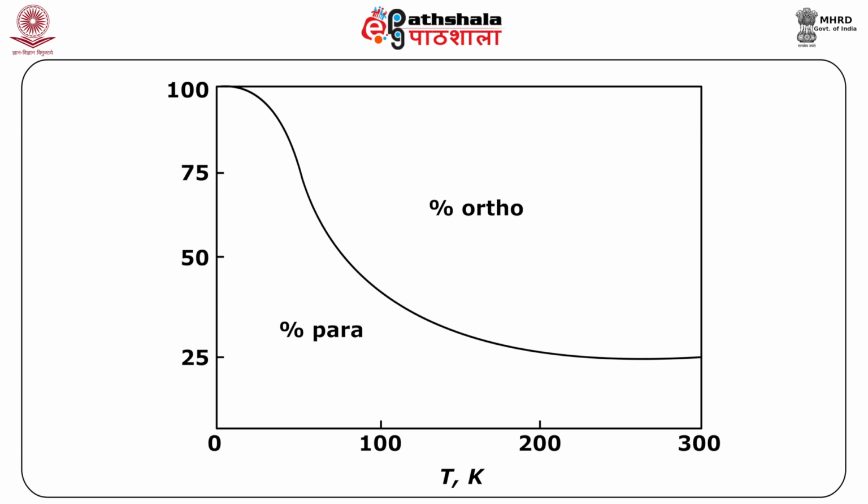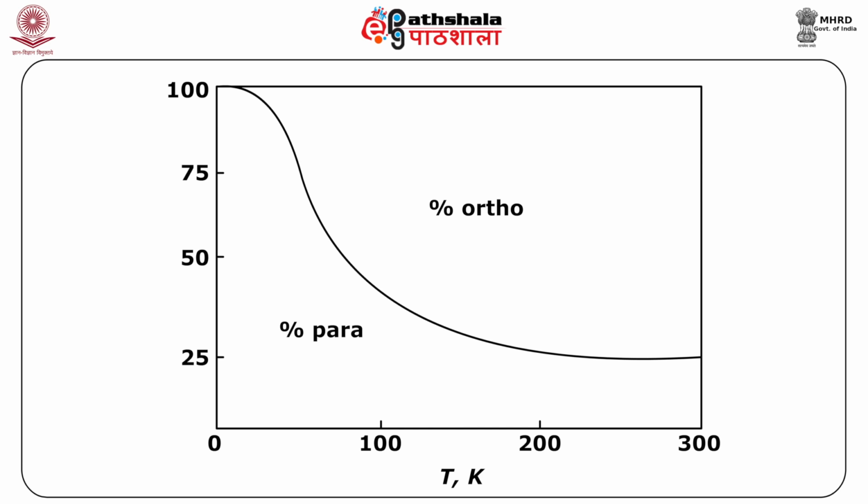At very low temperature, if we go to the extreme left, it is 100% para. That means it is possible to get hydrogen in pure para form at very low temperatures.